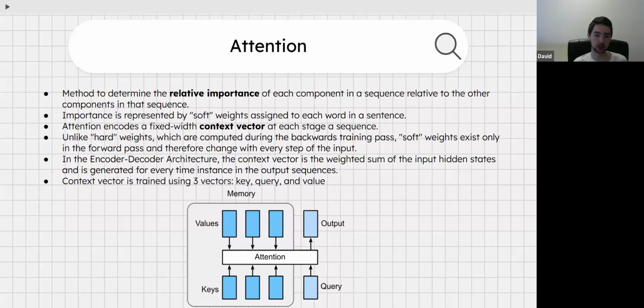In the encoder-decoder architecture, we're using a weighted sum of the input hidden states at each stage of the LSTM. There are three vectors used to create the context vector. If you're familiar with databases, or a dictionary in Python and some other languages, we can think of a key, a value, and a query.